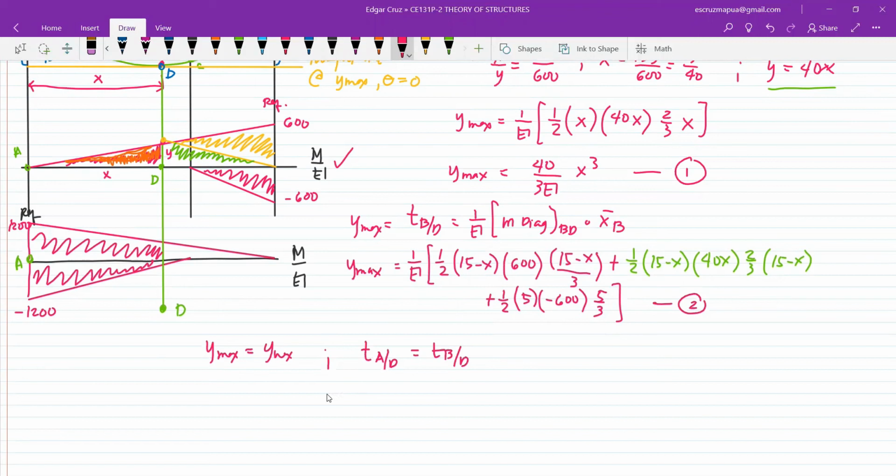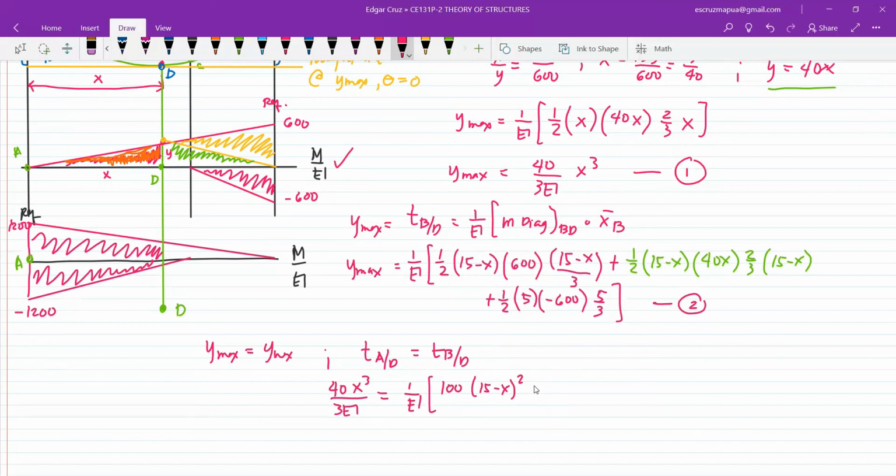Simplifying, that would be 40 x cubed over 3EI equals the deviation of B from D, the long one, 1 over EI. Let's simplify: 600, 300, 100. So 100 times 15 minus x, squared.